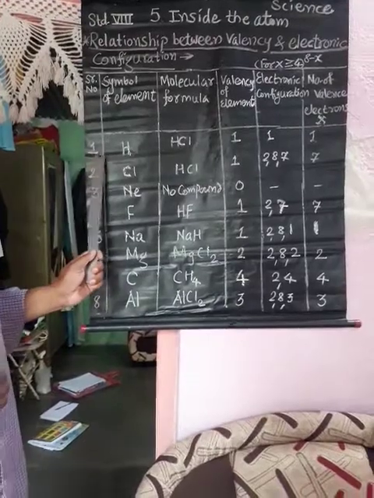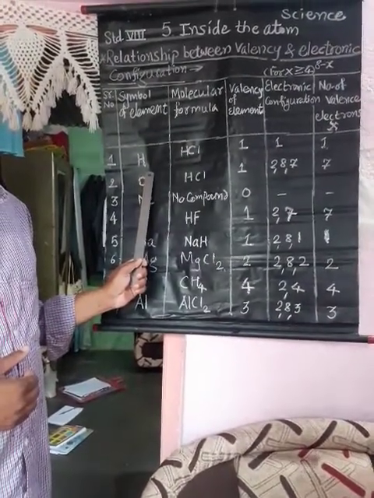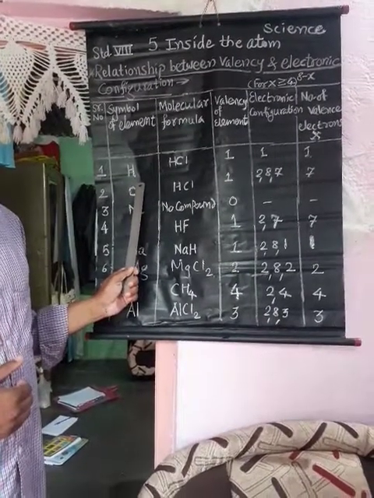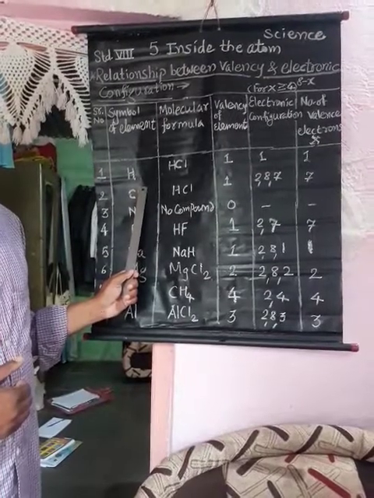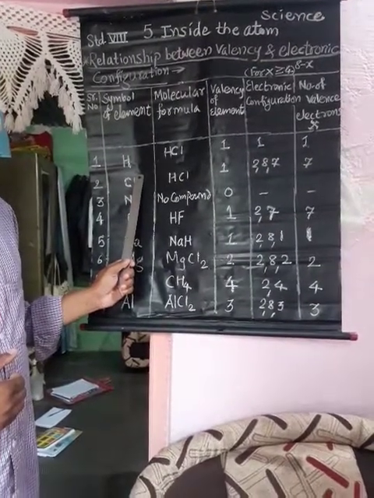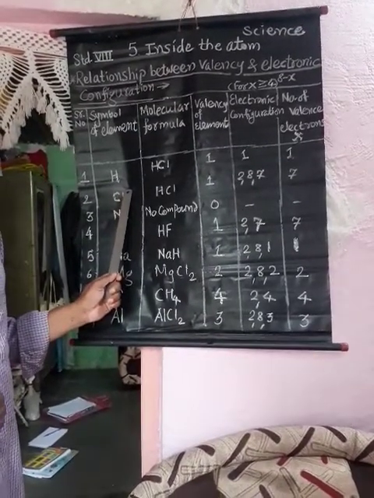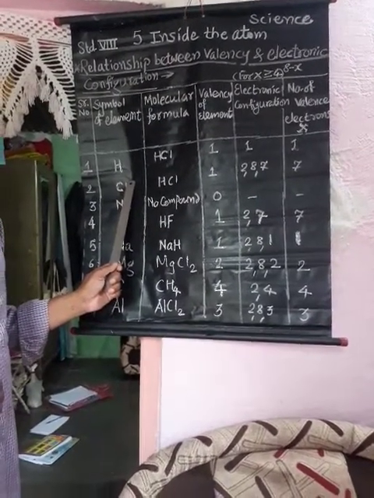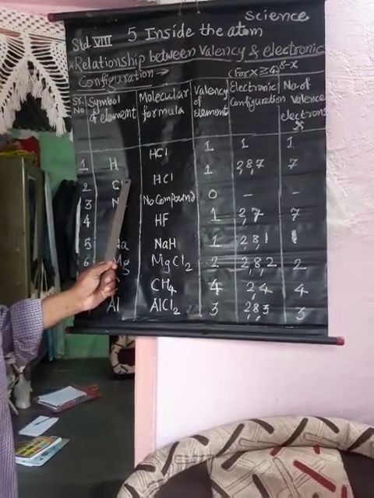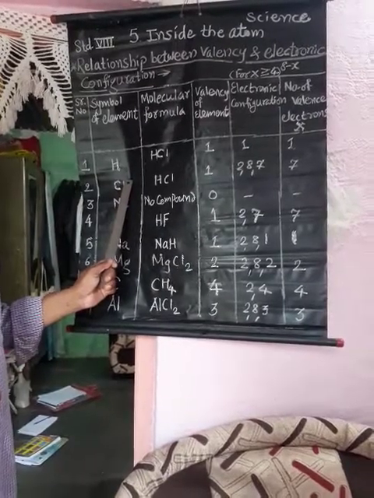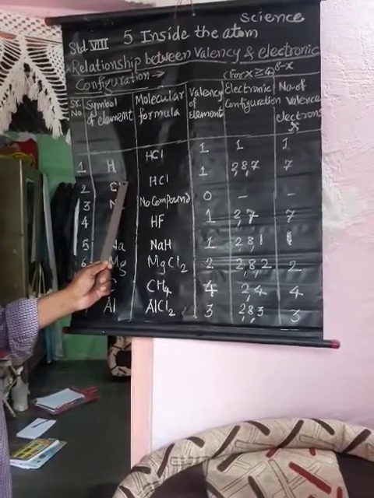In case of hydrogen, atomic number 1, helium atomic number 2, lithium atomic number 3, beryllium atomic number 4, boron atomic number 5, carbon atomic number 6, nitrogen atomic number 7, oxygen atomic number 8, fluorine atomic number 9, neon atomic number 10, sodium atomic number 11, magnesium atomic number 12, aluminum atomic number 13, silicon atomic number 14, phosphorus atomic number 15, sulfur atomic number 16, chlorine atomic number 17, argon atomic number 18, potassium atomic number 19 and calcium atomic number 20.